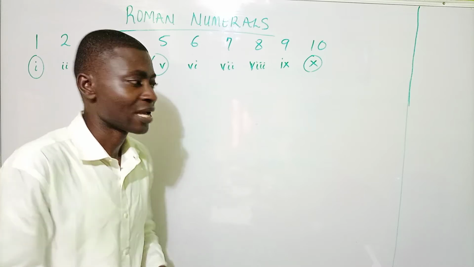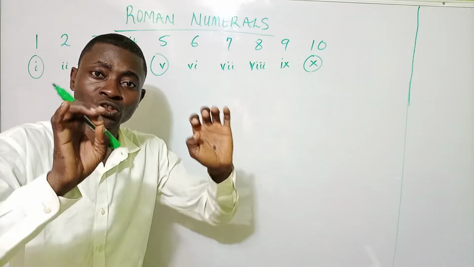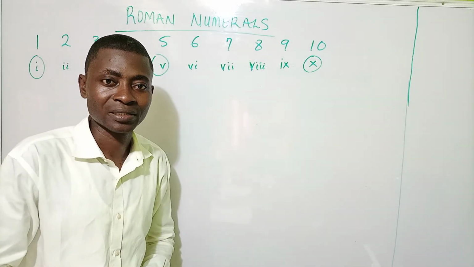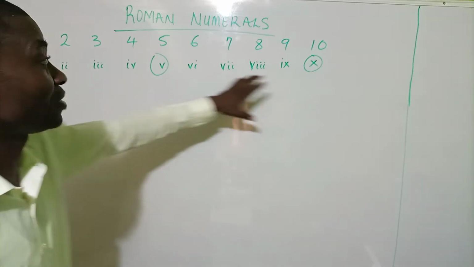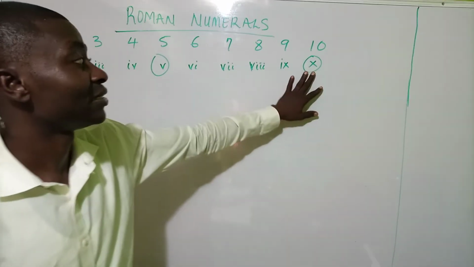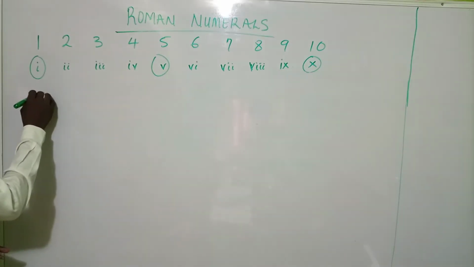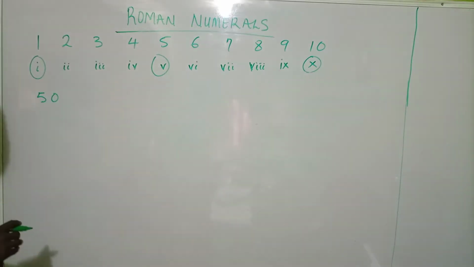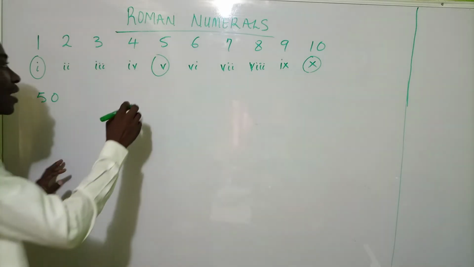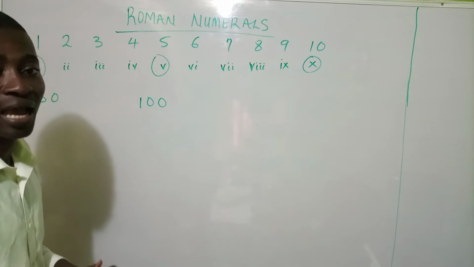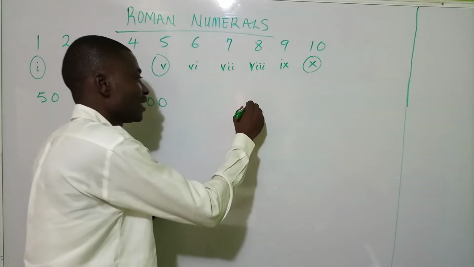Having said that, at this point, I want to show us the key numbers under Roman numerals. Now, we've identified 3 of them here: 1, 5, 10. The next one is 50. After 50, the next number that is so key is 100. After 100, the next one is 500.